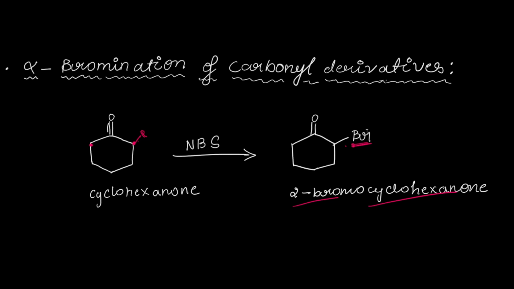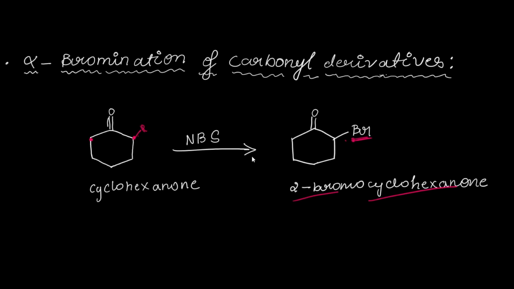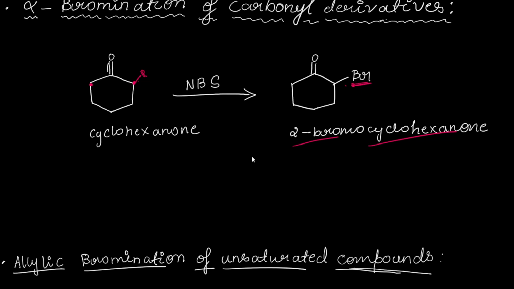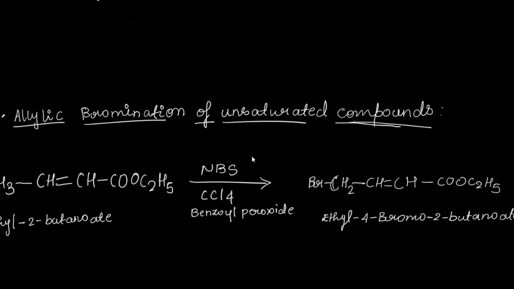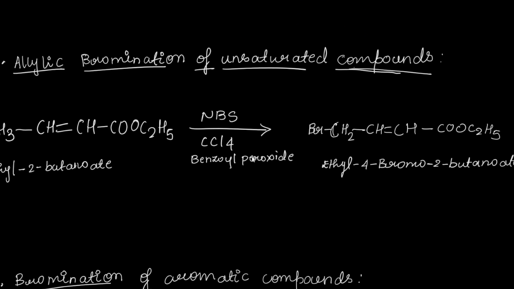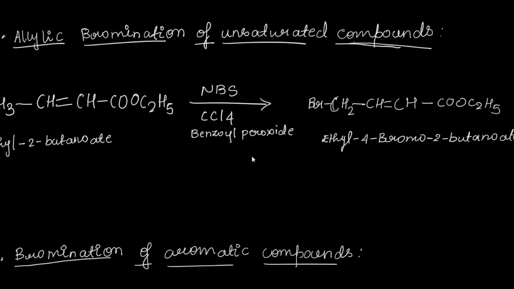Similarly, you can carry out the reaction using NBS with carbonyl derivatives such as aldehydes, and to some extent you can also carry it out with acids, that is carboxylic acids. Now let's look at the next application, that is allylic bromination of unsaturated compounds. While we say unsaturated compounds, you can have esters, acids, ketones, and other things.